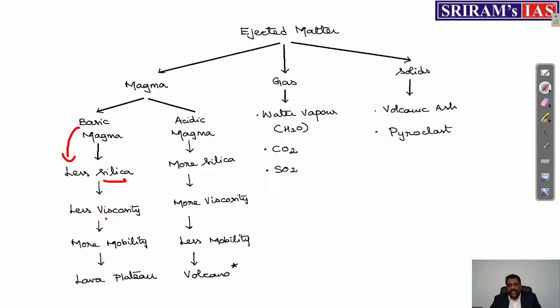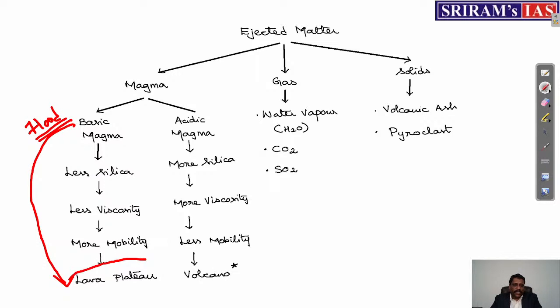Because the silica content is very low, the viscosity, the thickness of this magma, will be very low. Because of this, the mobility of this magma will be very high. Normally lava plateaus will be the outcome of this basic magma. Basic magma will flow like a flood, very fluidic in nature.